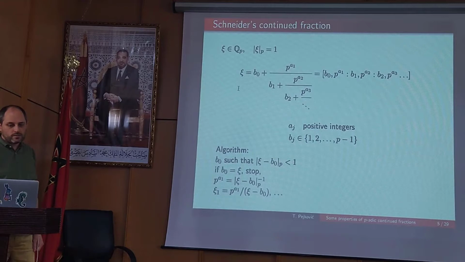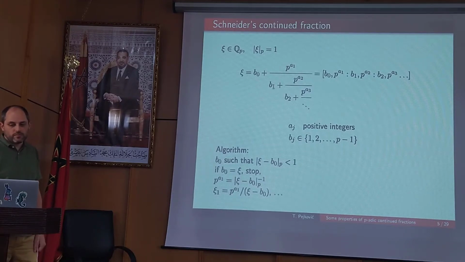From this difference psi minus b0, we extract the largest power of p, which we call p to the power a1, where a1 is a positive integer. And after we divide by this, we take the inverse, we get what's called the first complete quotient, and we continue this process until we either stop or go on indefinitely.